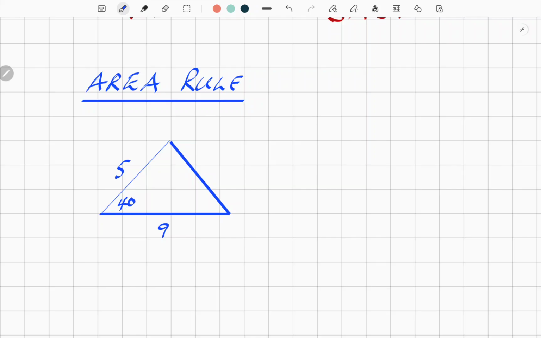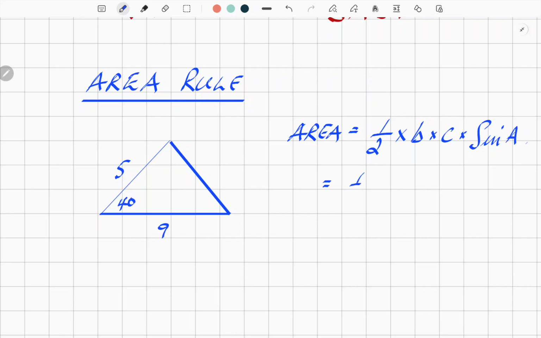And for an irregular triangle like this, its area equals half times B times C times sine A. All right.